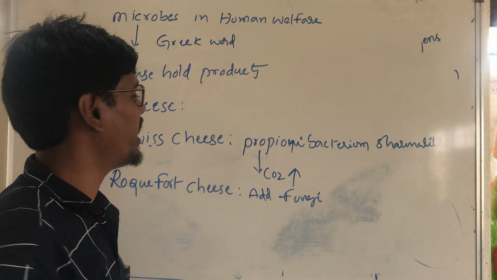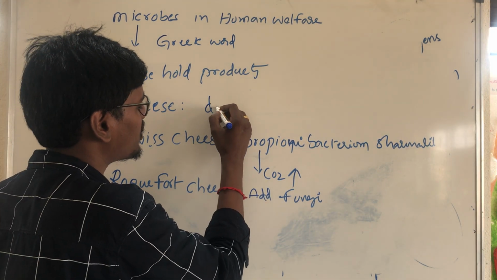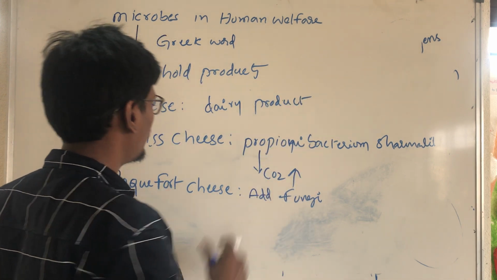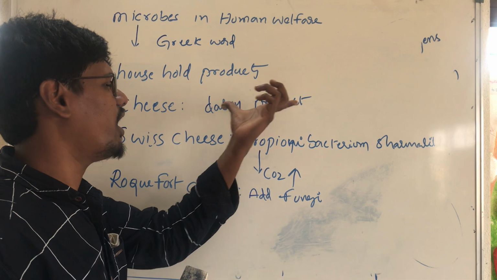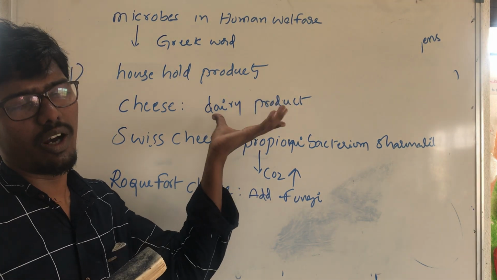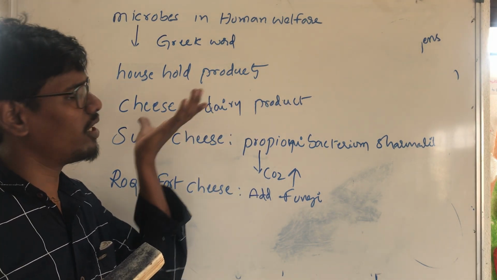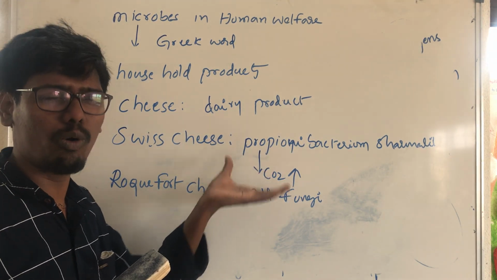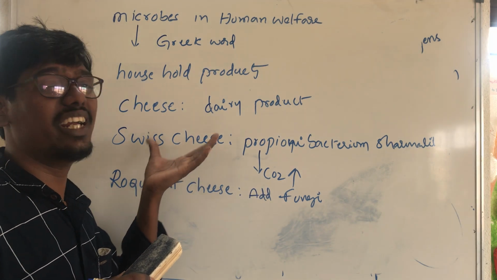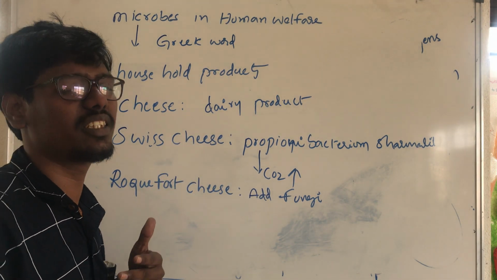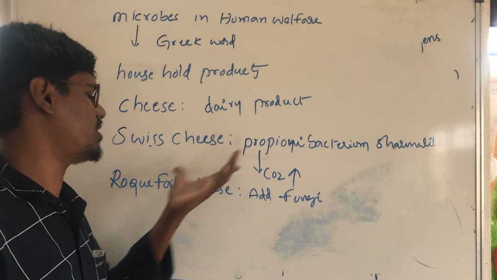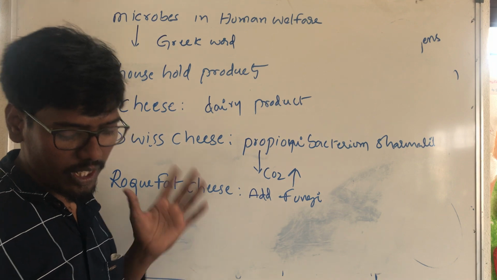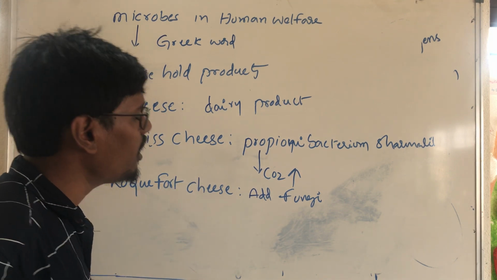Cheese is one of the dairy products. A different percentage of microorganisms will be added, which gives different types of cheese: Swiss cheese, Roquefort cheese, and different types of cheeses will come.